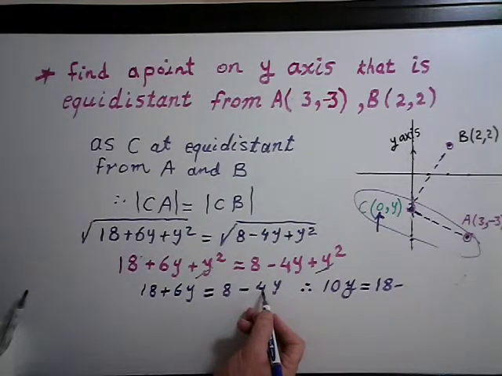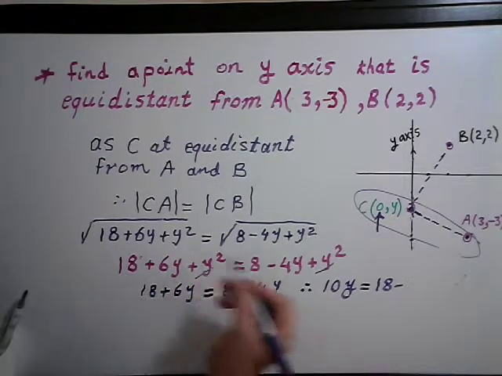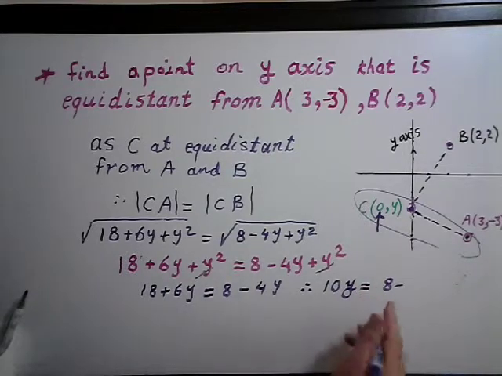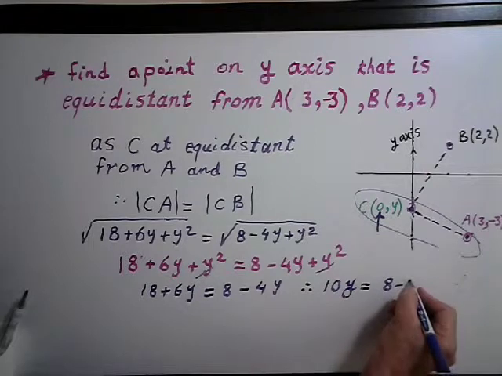I moved negative 4y to the side, and 18 will be here with 8 as a negative.